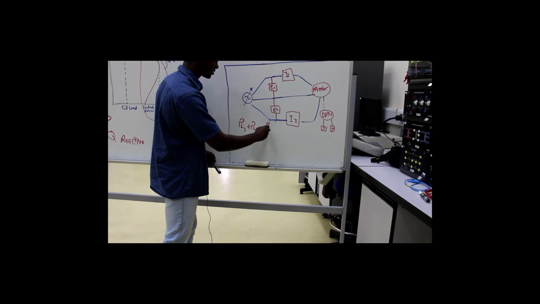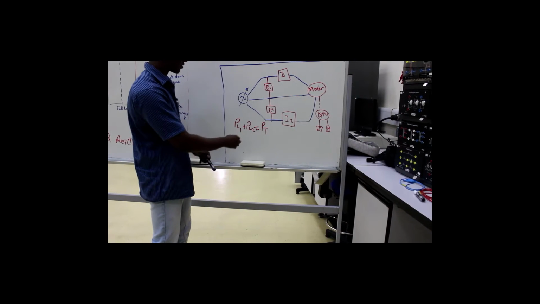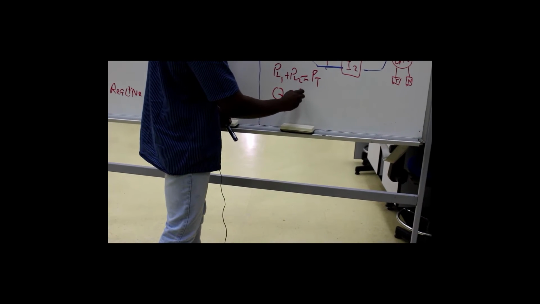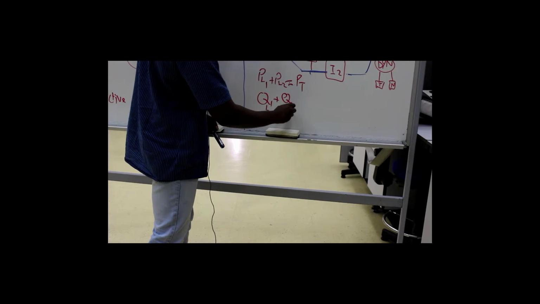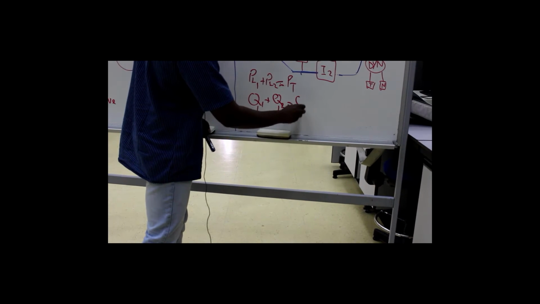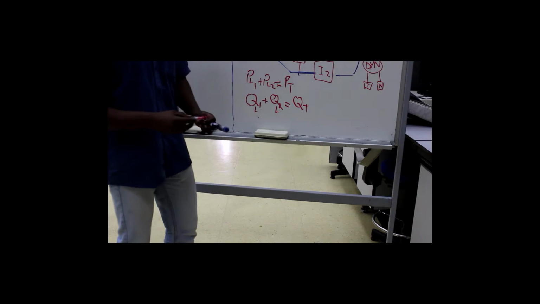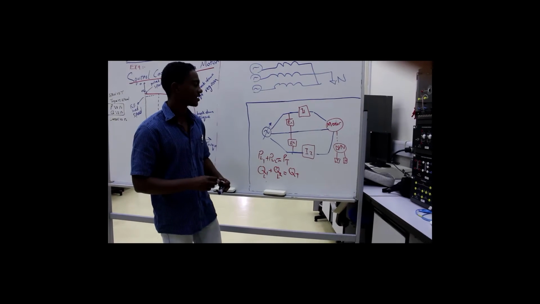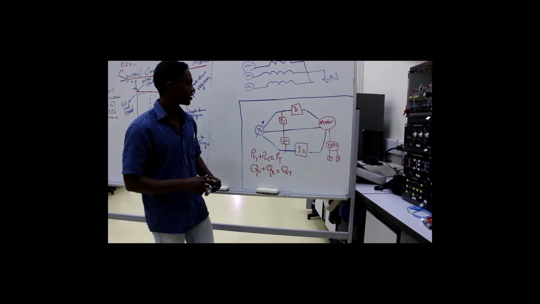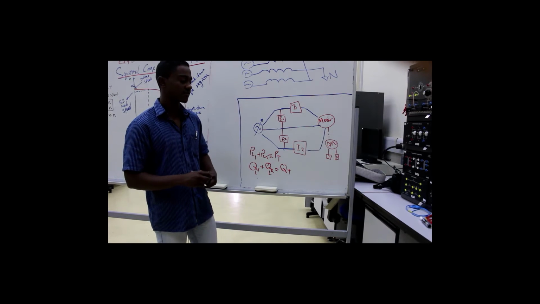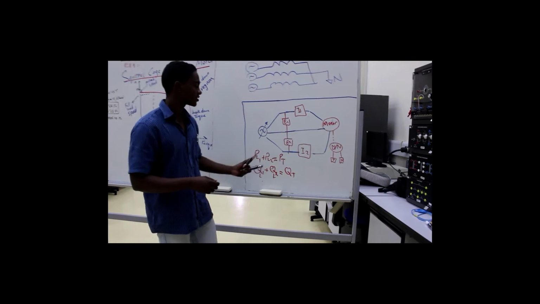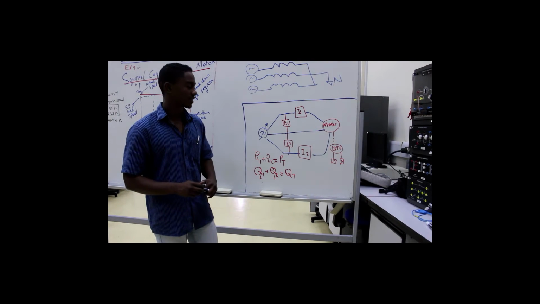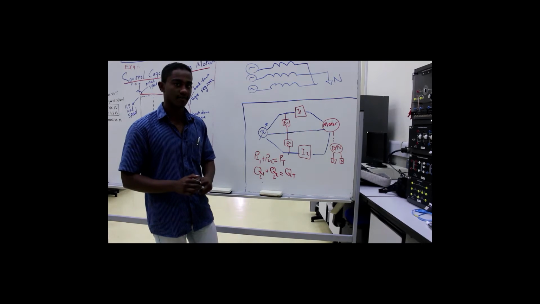So the total is P total, and so is for Q1, of course, from the line measurements, plus Q2 line is going to be equal to Q total. In the experiment, we'll be seeing the graphs of the voltage versus the speed, torque versus speed, and we're going to see the power P and Q versus speed as well. So let's move on to the practical part.